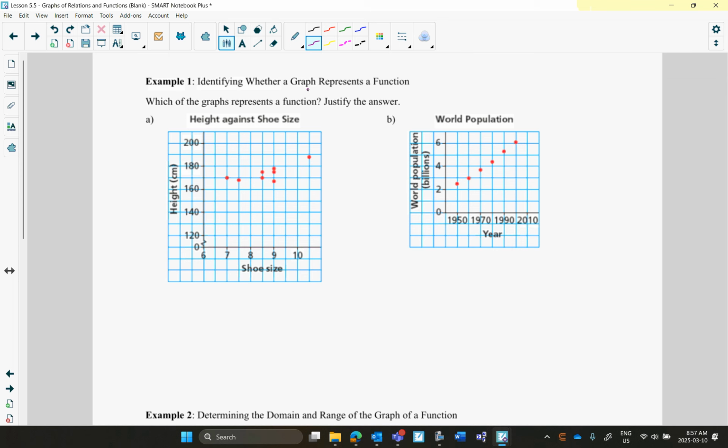First one, think vertical line test. No, because I can draw a vertical line and hit more than one point there. Therefore, not a function. And the explanation would be, I can draw a vertical line through more than one point.